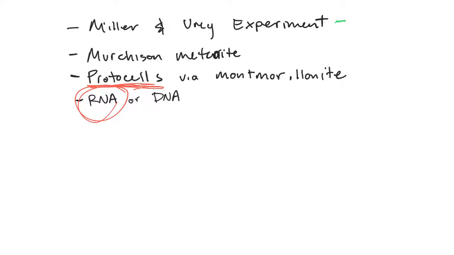Okay, and they found this clay called Montmorillonite, sounds like a Book of Mormon name, which when added to conditions similar to volcanic eruptions at the time with heat, will form these protocells. Okay, so they'll form lipid membranes. They don't have anything in them, but they will form spontaneously and form this separation between a cell, a protocell.